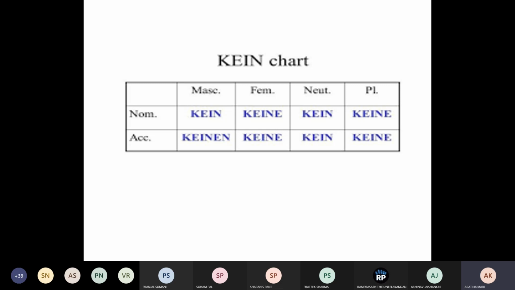What all do we have? For masculine, we have der Mann. For feminine, we have die Frau. For neutral, we have das Kind. For plural, we have die Männer, die Frauen, die Kinder.